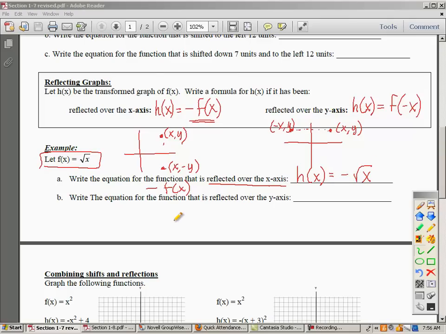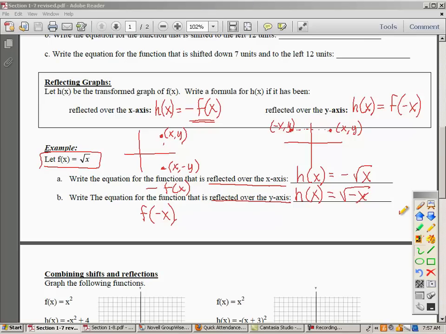And if I'm reflecting it over the y-axis, we said we were just making the value inside negative. So my new function for h is the square root of the opposite of x, or negative x. And again, normally we don't square root negatives, but I just want you to keep in mind how the process works.